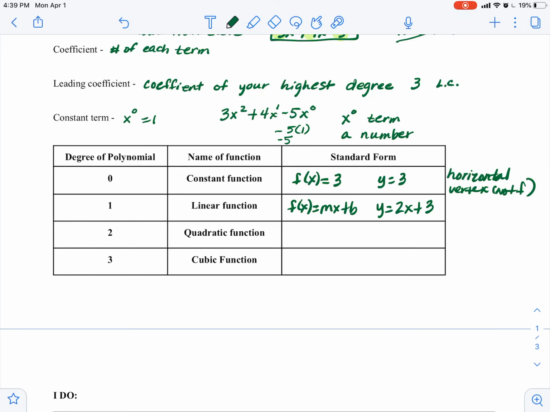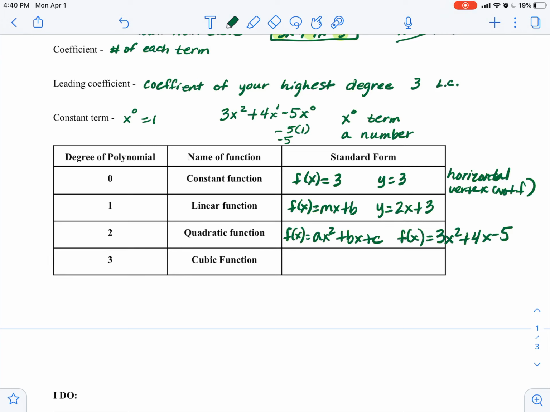Our quadratic function would be f of x equals ax squared plus bx plus c. And again, an example might be, and I could do f of x, or I could do y, it doesn't matter. So again, that would be my 3x squared plus 4x minus 5.